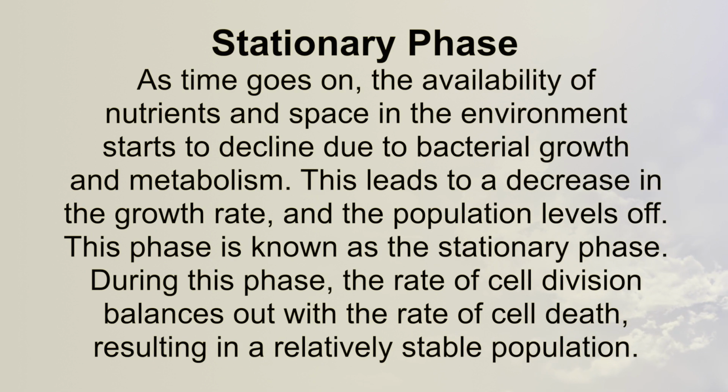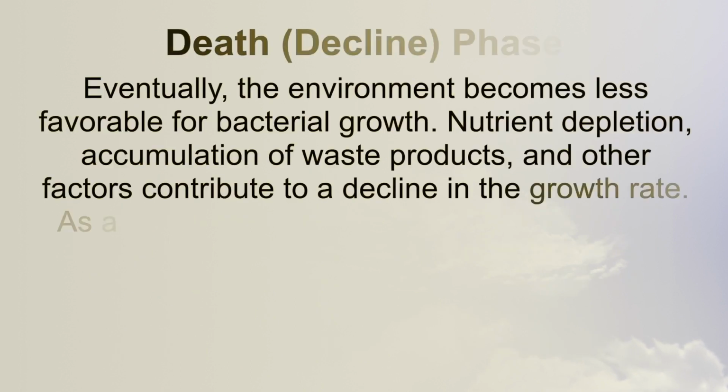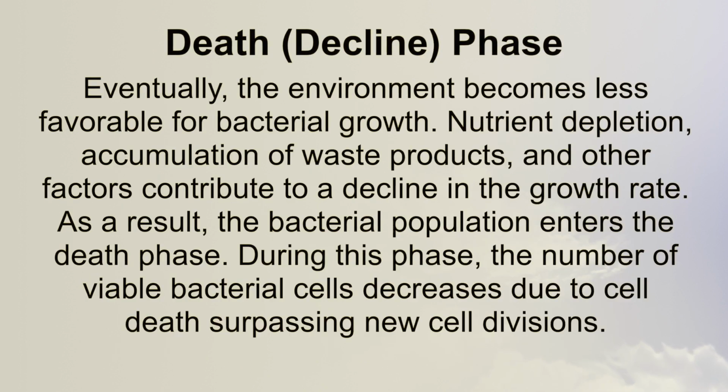This phase is known as the stationary phase. During this phase, the rate of cell division balances out with the rate of cell death, resulting in a relatively stable population.